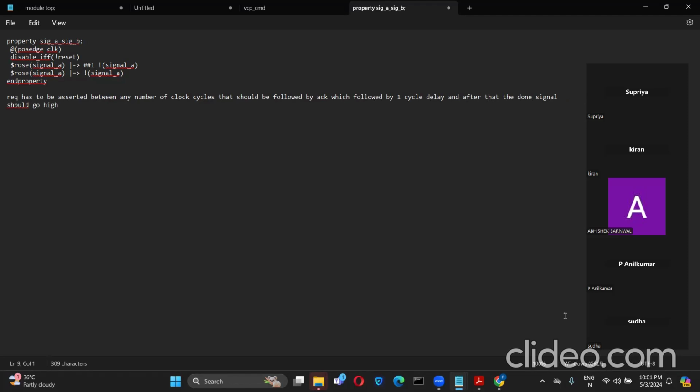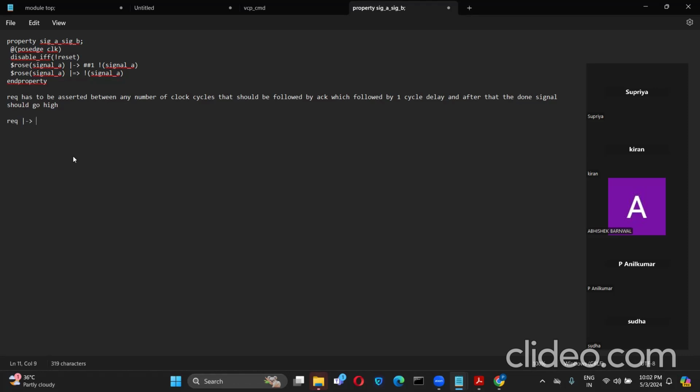If there is a requirement, how will you write? So when it is between any number of clock cycles, how will you provide, that is the main catch in this question. You can write like this, right? For example, first request has to be asserted. So you will write request has to be one basically.